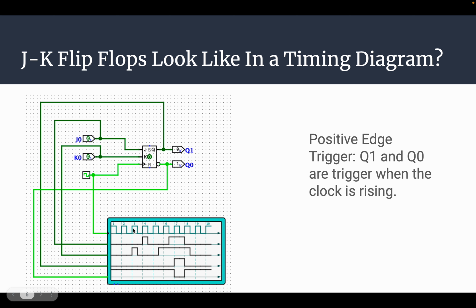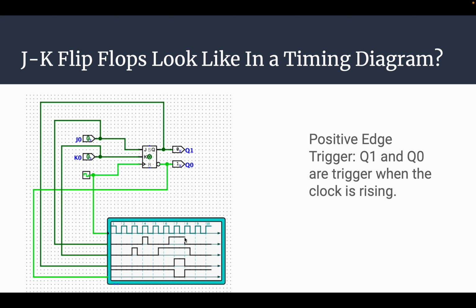As we can see here, whenever the clock is rising and we have both the J and K inputs, this is a really good one because this is where Q1 and Q0 are. Whenever the clock is rising and both J and K are 1, then our Q1 is going to be 1.